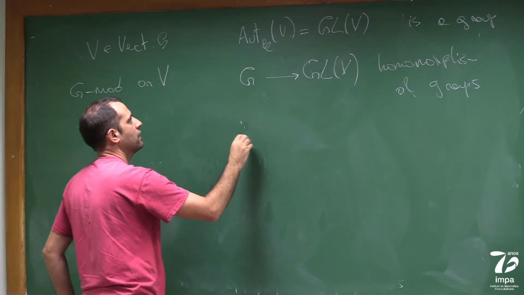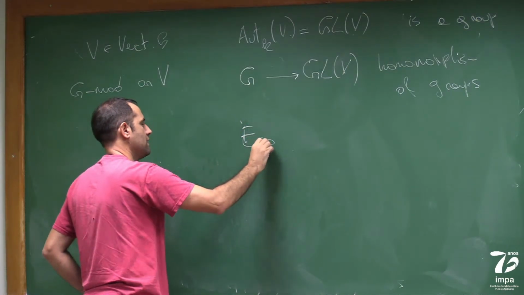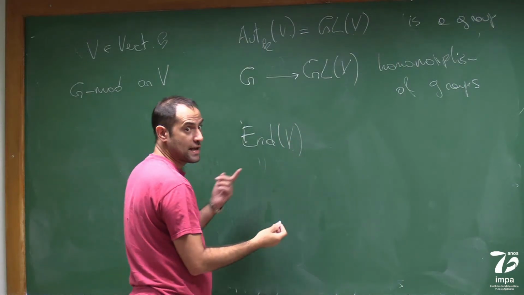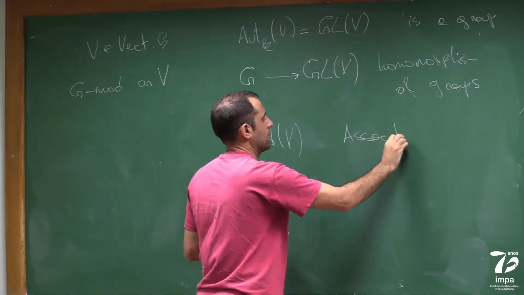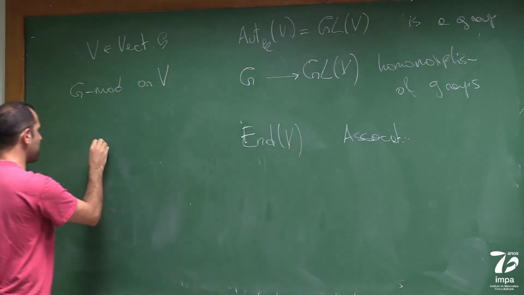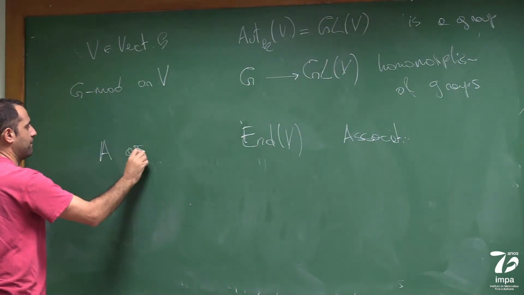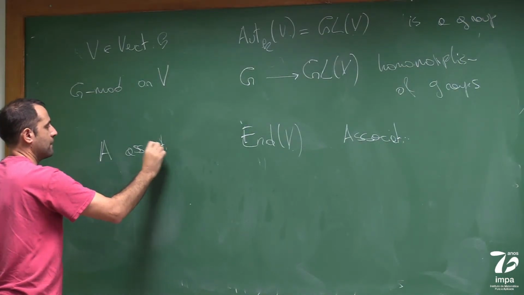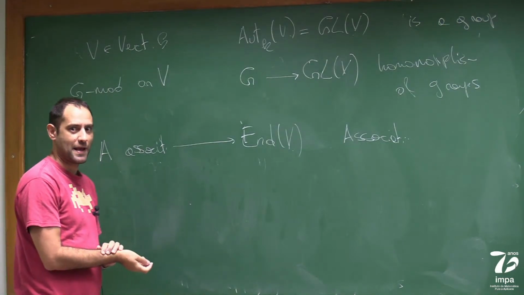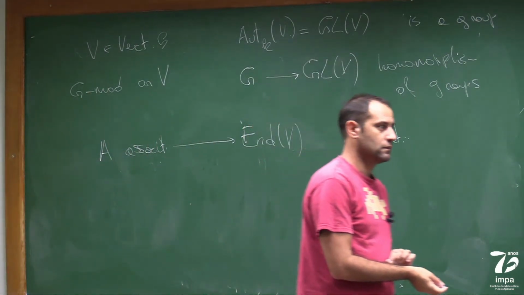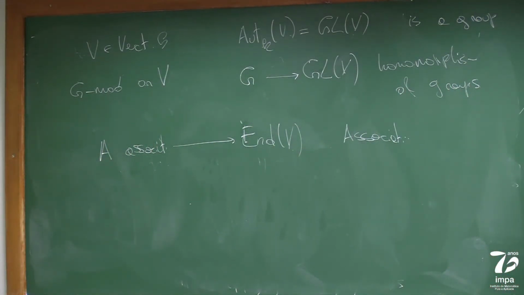So now, if you take endomorphisms of V, this is an associative algebra you've already mentioned. So therefore, if you have an associative algebra A, a representation of A on V is just a morphism of associative algebras from A to endomorphisms of V. For Jordan algebras, for all of them, this is the same thing.